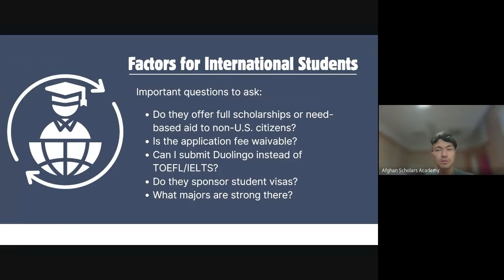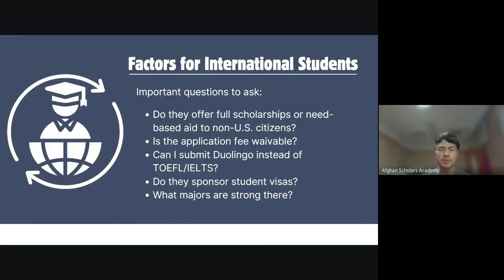Can I submit Duolingo instead of TOEFL or IELTS? Some schools don't accept Duolingo. One of the schools I applied to, Washington University in St. Louis, I believe, I submitted my Duolingo and they didn't accept it. They said no, we need TOEFL or IELTS.